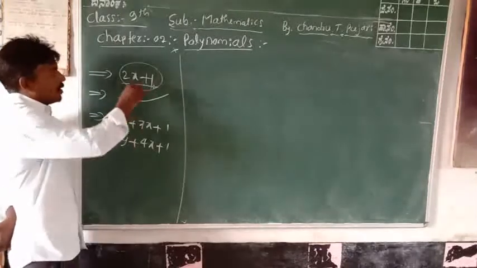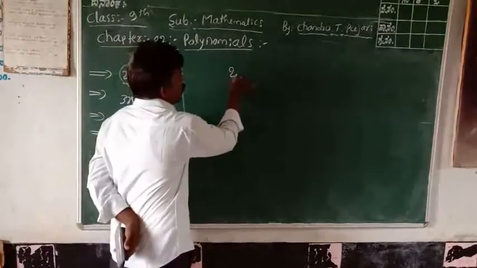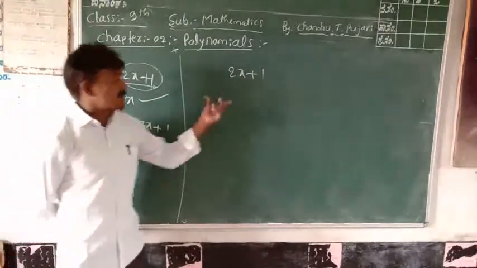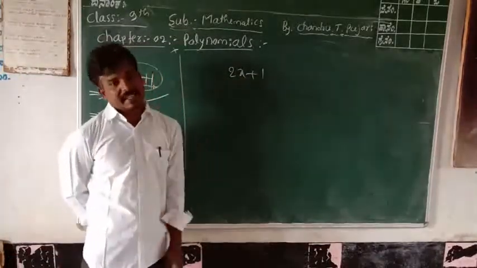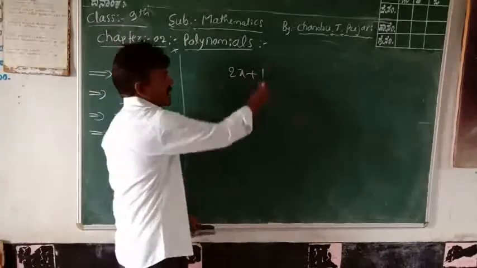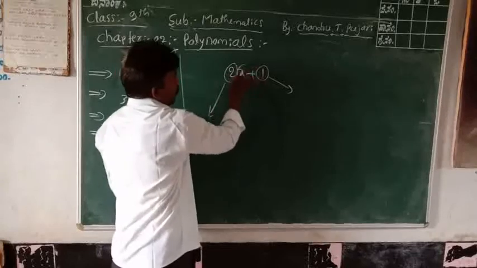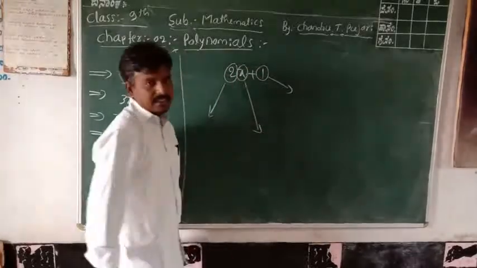First, comparing 2x plus 1, which is an algebraic equation, what are the things here? What is the meaning of 1? What is the meaning of 2? What is the meaning of x?